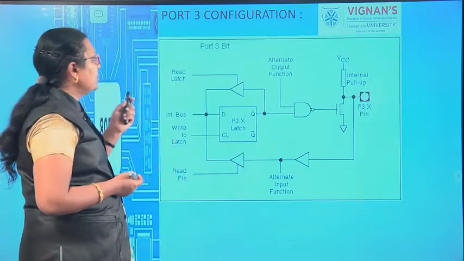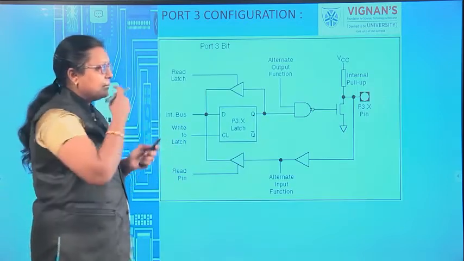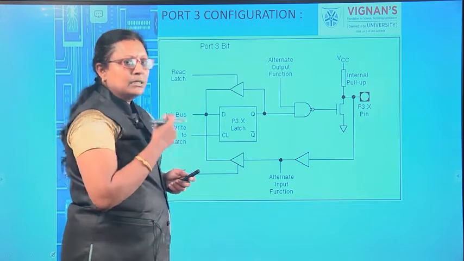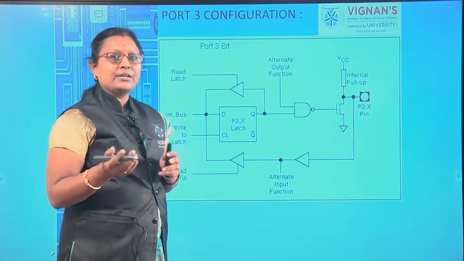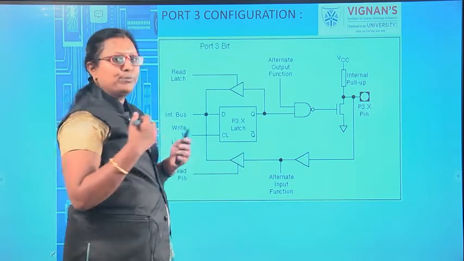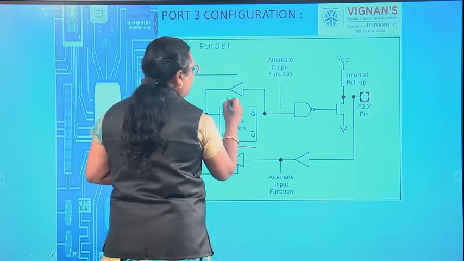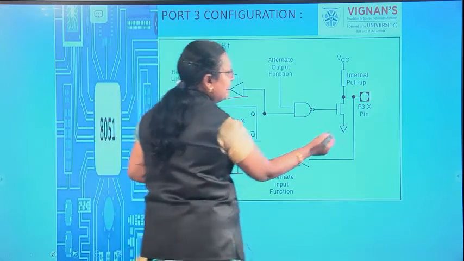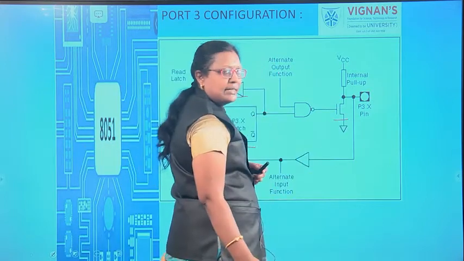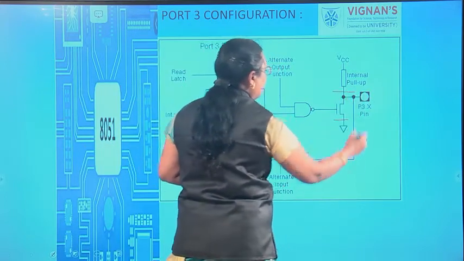Then coming to the port 3 configuration, the same concept as you have seen in port 0, port 1, port 2. Here also you are having the D latch and 2 buffers, a transistor which is acting as a gate, and internal pull up resistors.